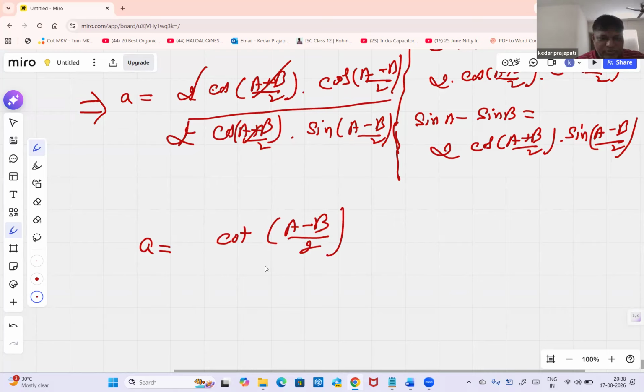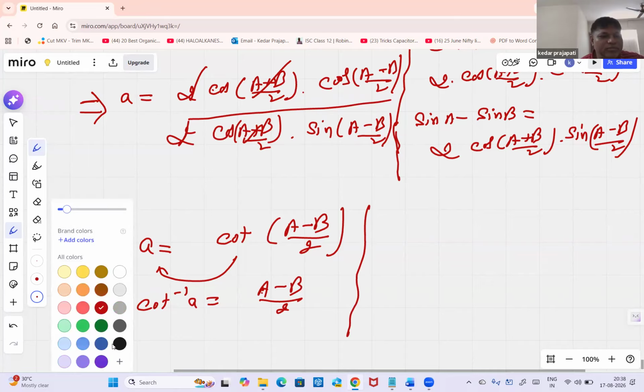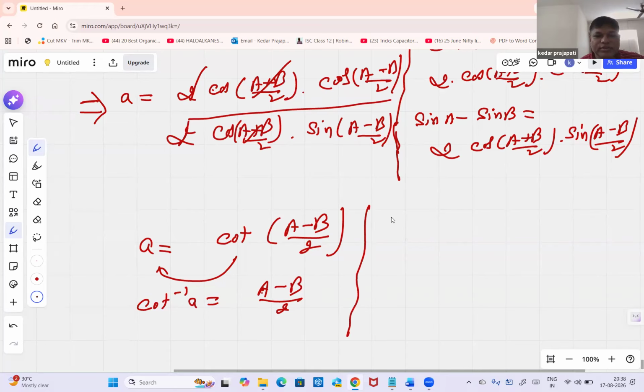So from here A minus B we have to find, right? So bring cot inverse this side. So this will become cot inverse a is equal to A minus B by 2. Right? So from here, how much will be A minus B? A minus B is 2 into cot inverse a.